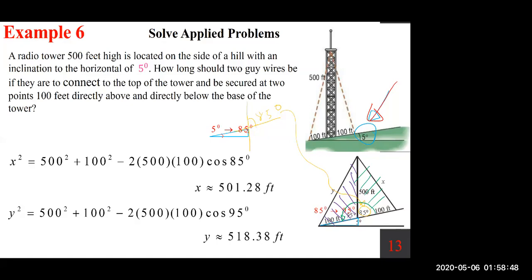It's a little bit longer, okay? And of course, it was obvious from the shape, 95 degrees is larger than 85 degrees. The two sides are identical. So therefore, the opposite side of 95 degrees must be a little bit larger. And it is, so it does work. Any questions?